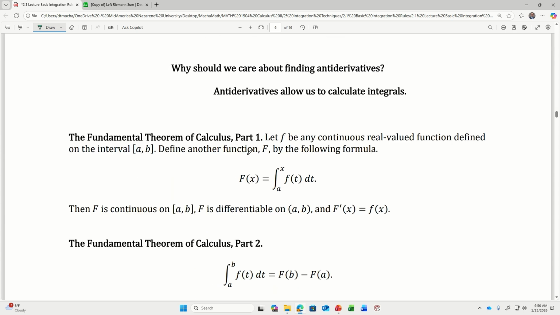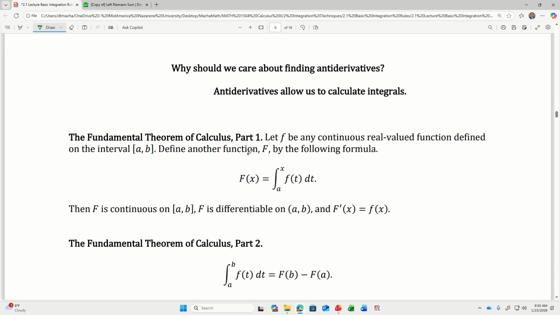The reason we care about finding antiderivatives is because antiderivatives allow us to calculate integrals. Even though an integral is defined as the limit of a Riemann sum as the number of rectangles goes to infinity, you guys know from Cal 1 that an easier way to calculate integrals, faster a lot of times, is to take an antiderivative and then evaluate the antiderivative at the bounds of the integral.